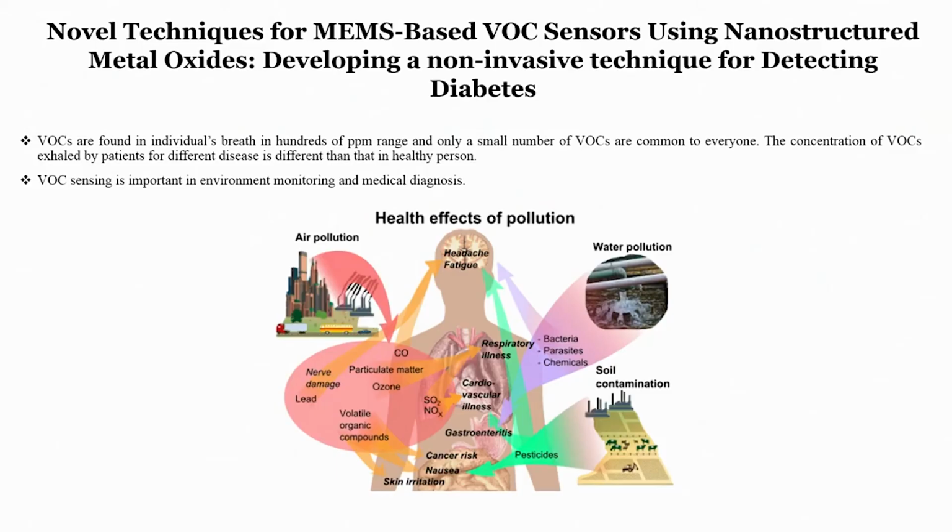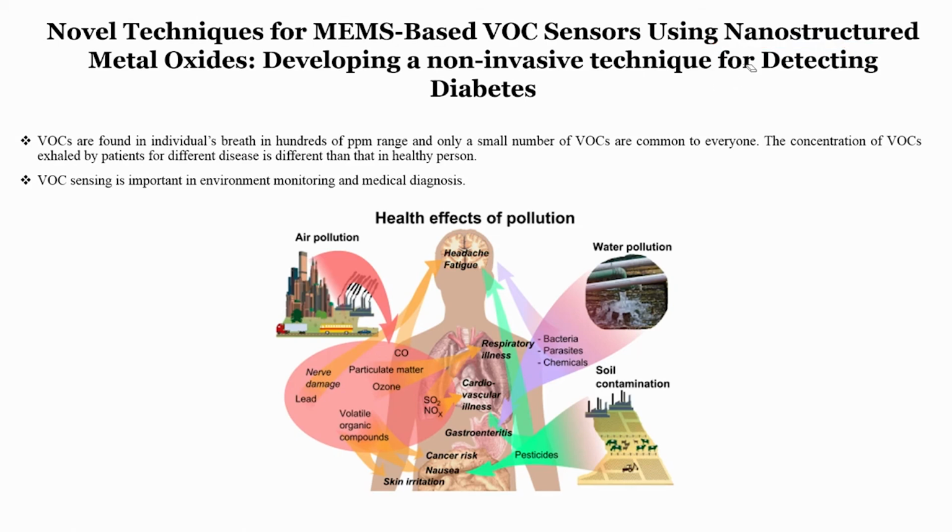So, if you see the slide, we will be discussing novel techniques for MEMS based VOC sensors using nanostructure metal oxides. When I explain the fabrication, I will tell you the importance of nanostructure, why we have to go for nano, all right, and the idea is to develop a non invasive technique for detecting diabetes.